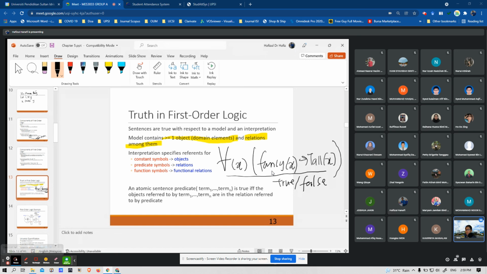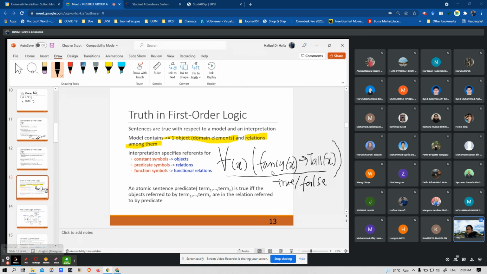For truth in first order logic, we need to interpret the predicate or the relation applied to some terms.